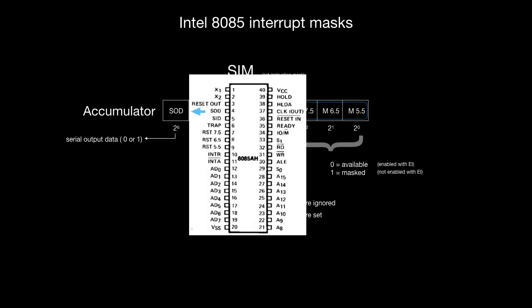On your CPU you have pin 4, that's the serial out. So if you put a 0 in there, there's a low on the SOD, and if you put a 1, there's a high on the SOD.